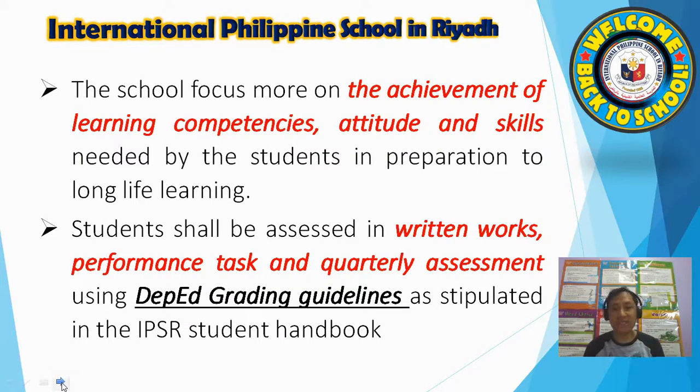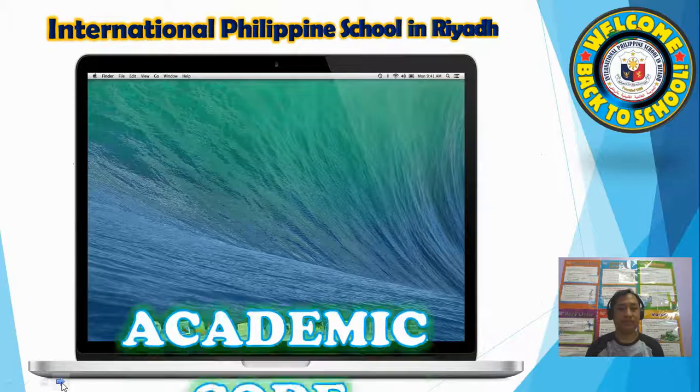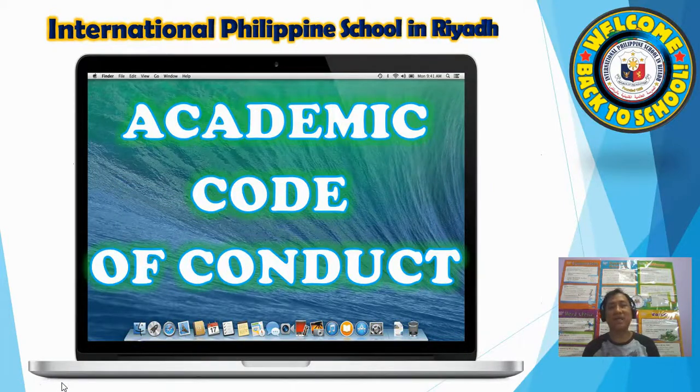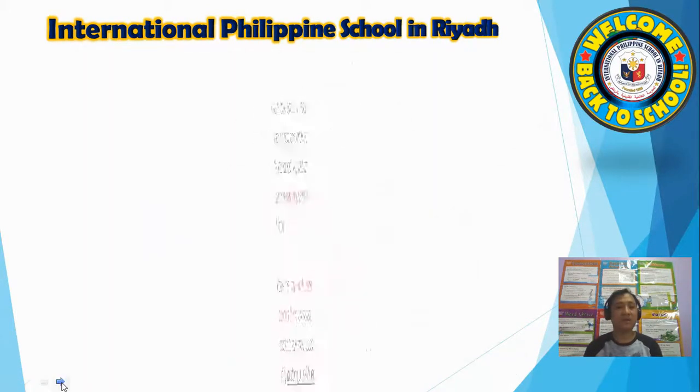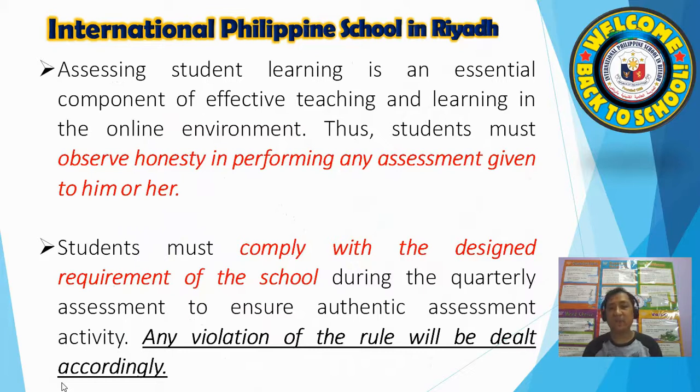Students shall be assessed in written works, performance tests, and quarterly assessment using the DepEd grading guidelines as stipulated in the IPSR student handbook. Let's talk about the academic code of conduct. Assessing student learning is an essential component of effective teaching and learning in the online environment.